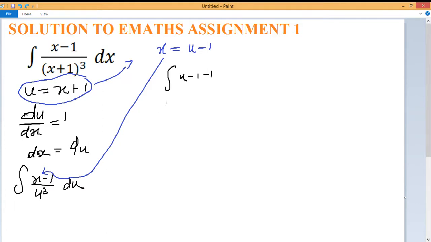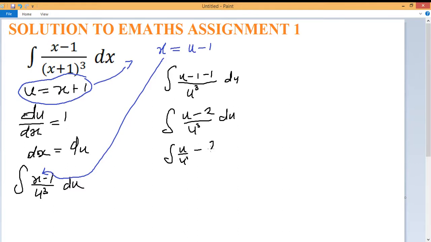So continuing, over u cubed du. Simplifying further, we get u minus 2 over u cubed du. Then we split the fraction, u over u cubed minus 2 over u cubed du.